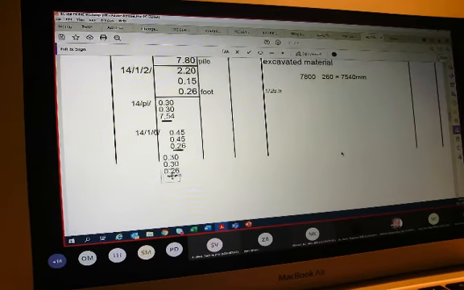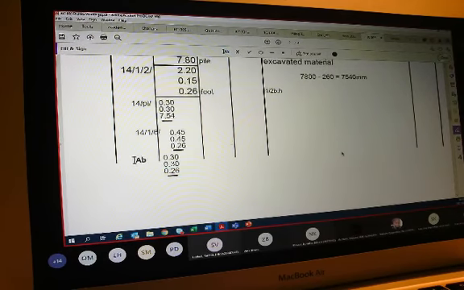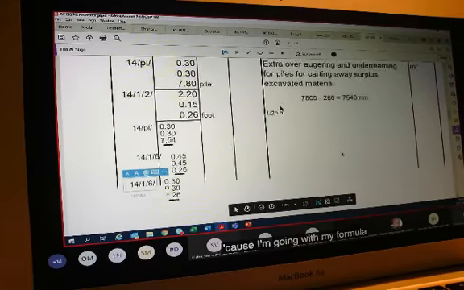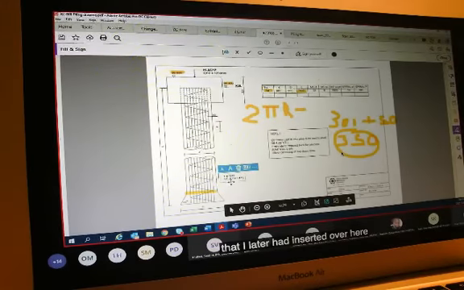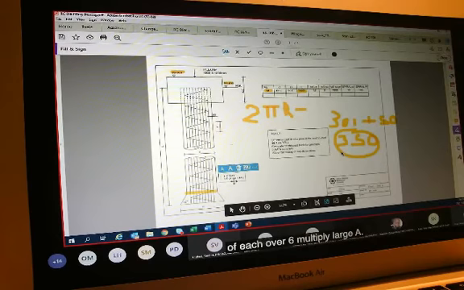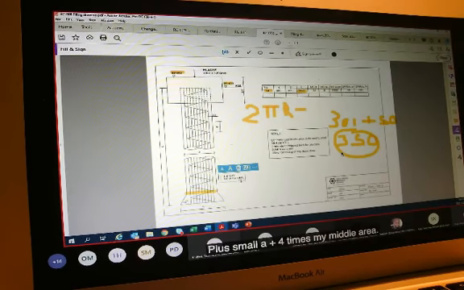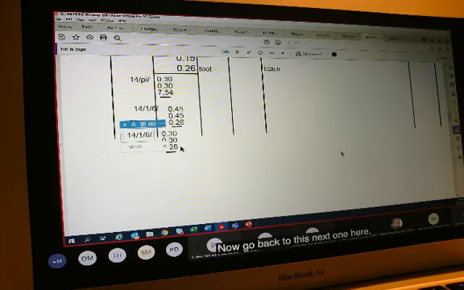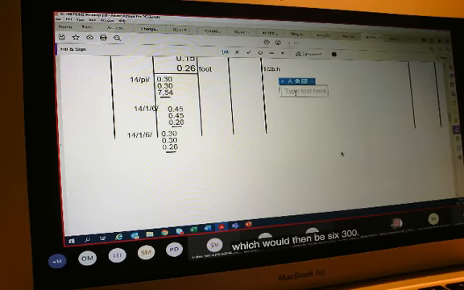Then I can continue by saying 0.3, 0.3, 0.26, it will be 14 times 1 over 6 times that.